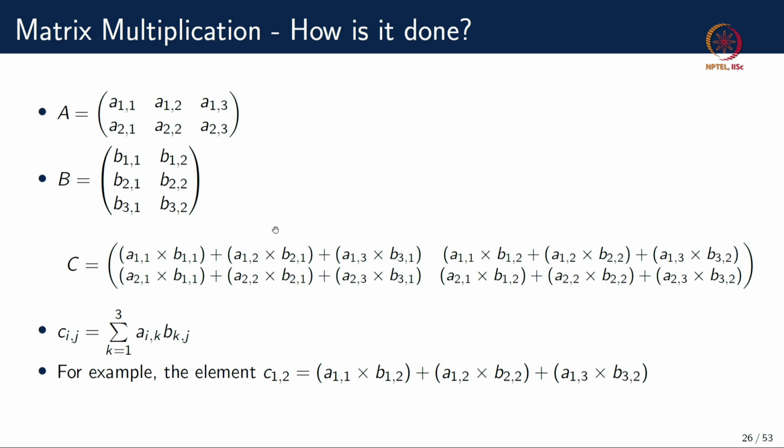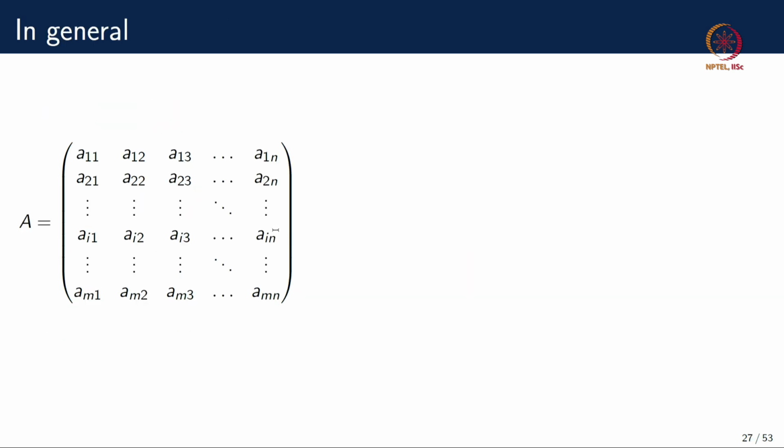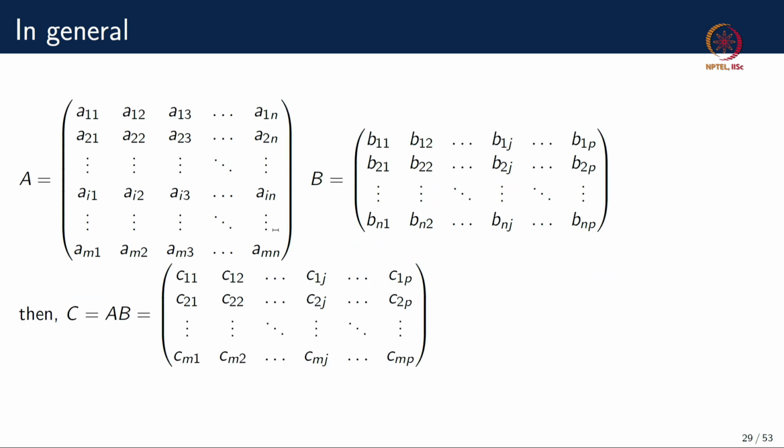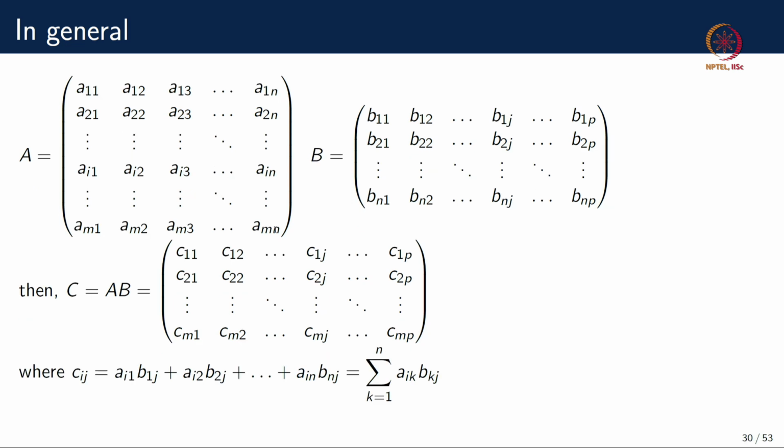In general, A is an m by n matrix and B is an n by p matrix. Then the product matrix AB is an m by p matrix. Cij is equal to Ai1 into B1j plus Ai2 into B2j plus and so on up to Ain into Bnj, which is the summation of Aik into Bkj, k being 1 to n.